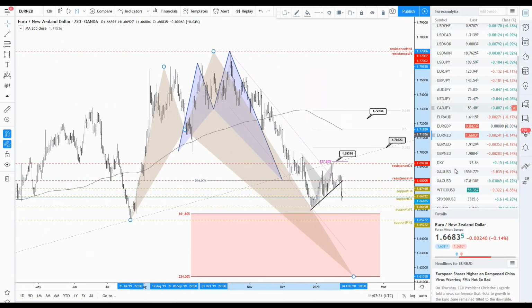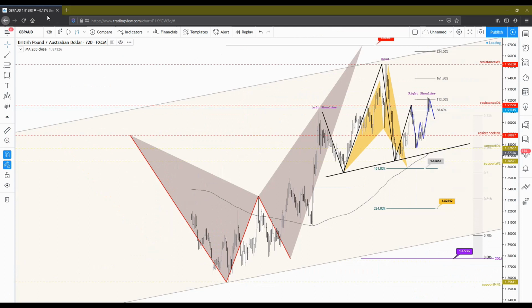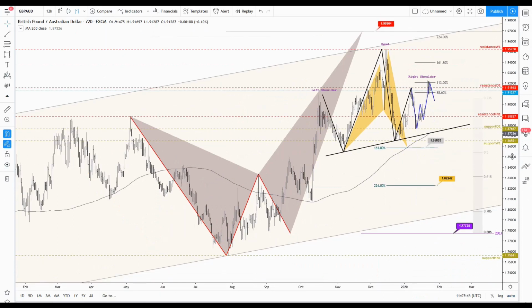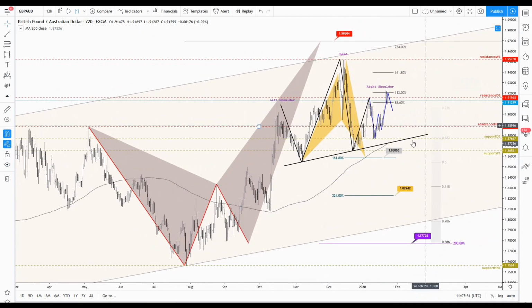Nothing more from there. The pound versus Australian dollar, I remain with this idea for an eventual heads and shoulders formation. Obviously, it's too soon to predict a pattern. We have this bearish alt-bat pattern at 113% Fibonacci extension, reinforcing the eventual formation of the right shoulder.